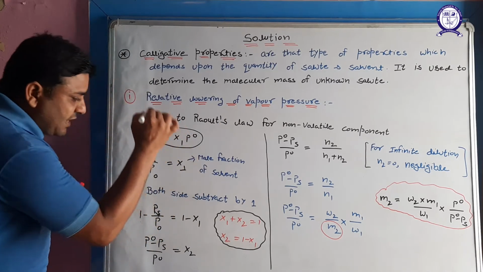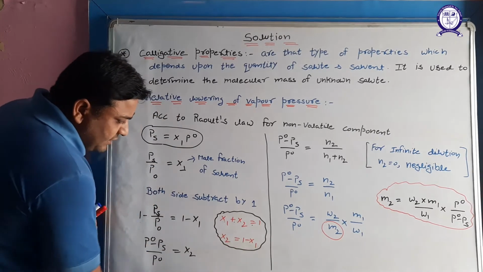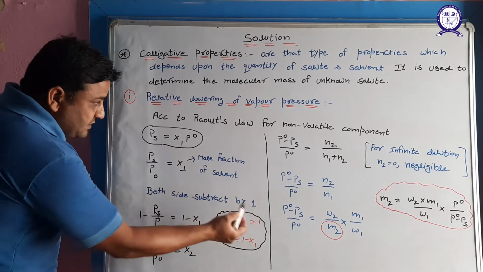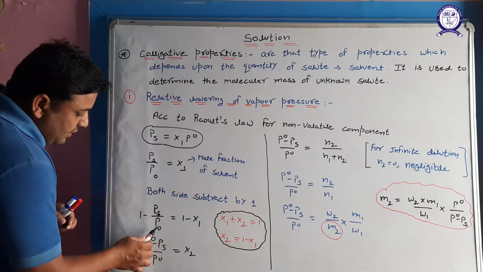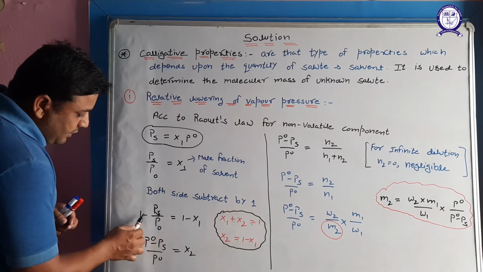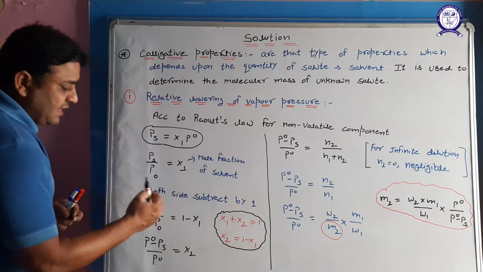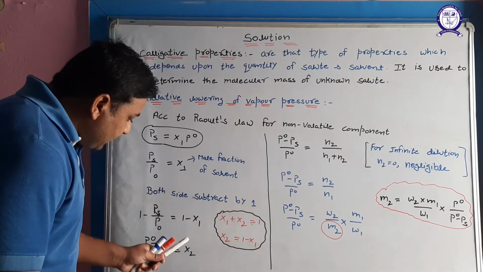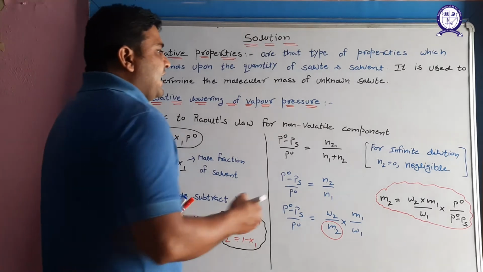To calculate the mole fraction of the solute, x1 plus x2 is equal to 1, so x2 is equal to 1 minus x1. Subtracting both sides from 1, 1 minus PS by P naught. By taking LCM, P naught minus PS by P naught is equal to 1 minus x1, and 1 minus x1 is equal to x2.